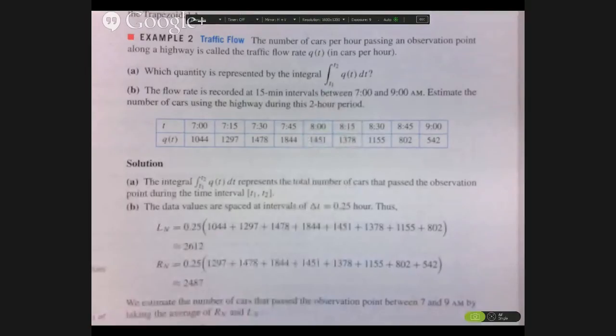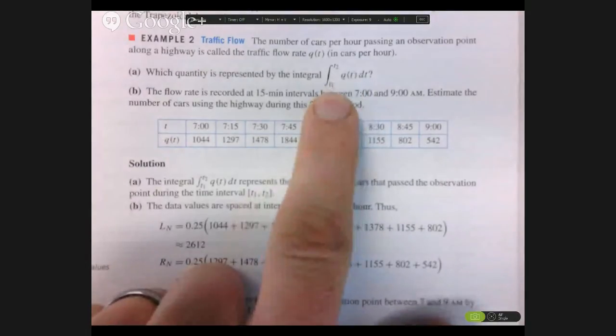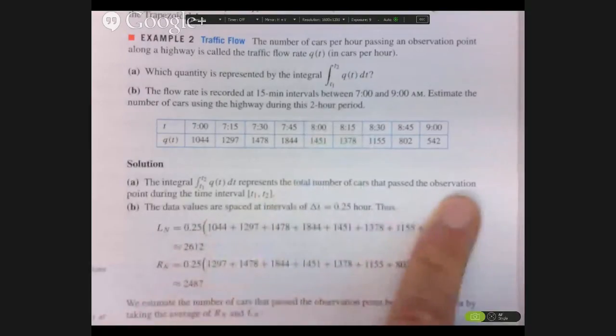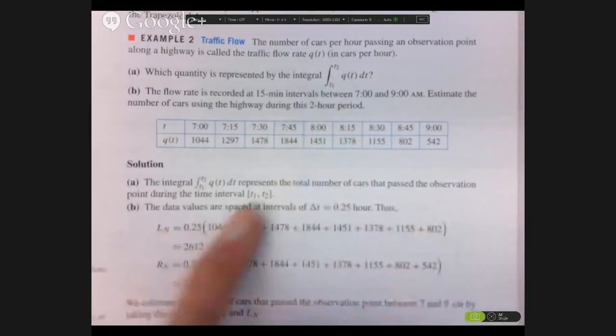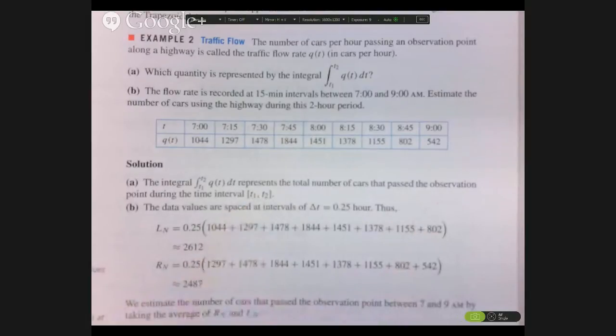Traffic flow rate. Cars per hour. Okay, this is the flow rate. So what is that integral going to represent? Yep, total number of cars, net change, right? The total number of cars passed during the time interval, okay? So it's the integral of a rate, you get total.